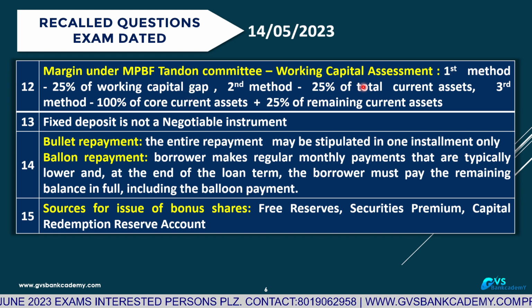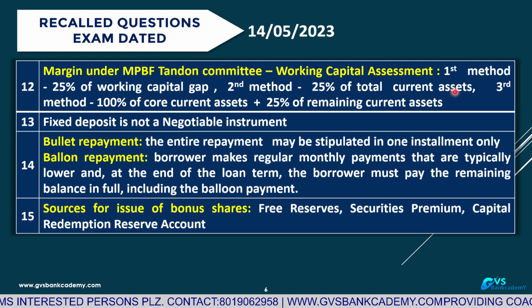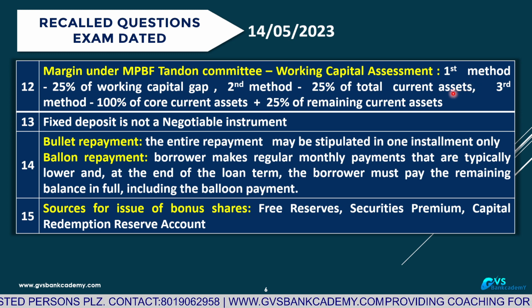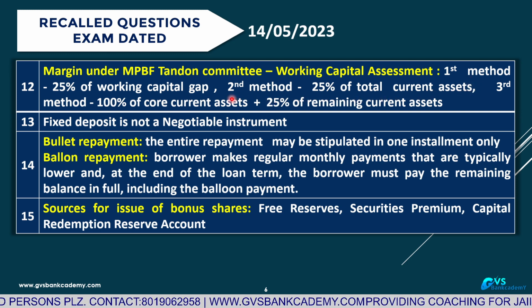Under the second method, it is 25% of total current assets of the company. In banks, we are using the second method only.